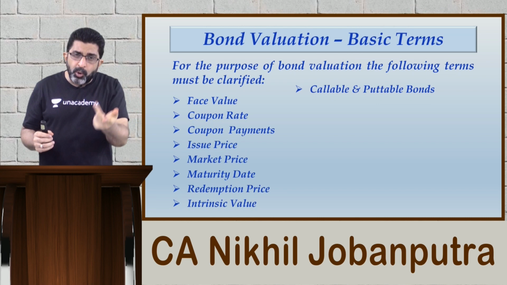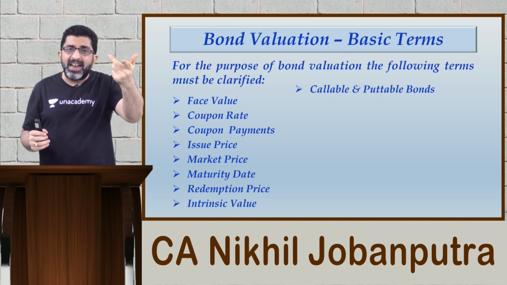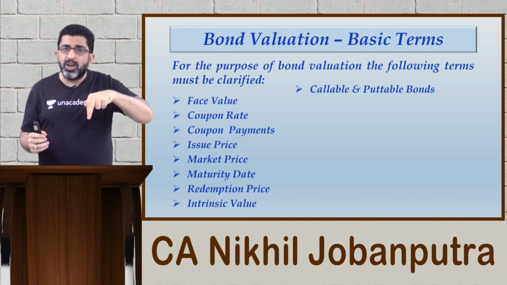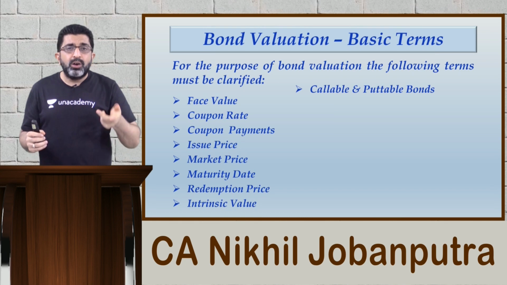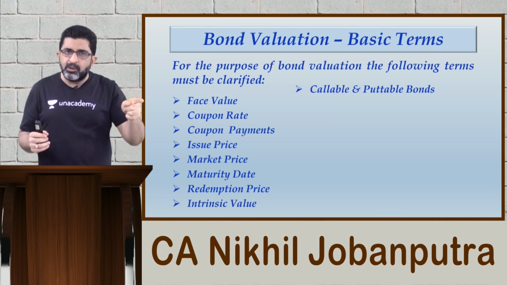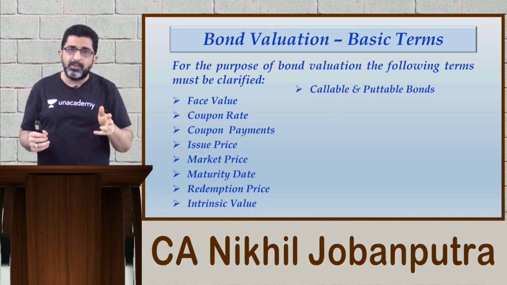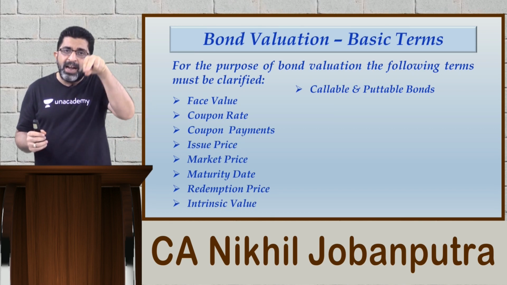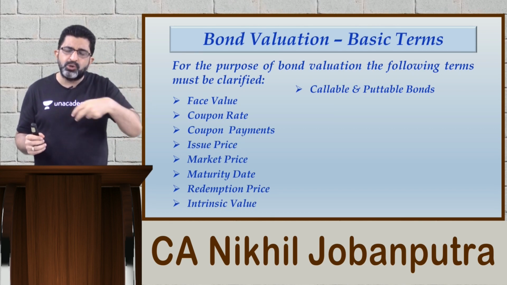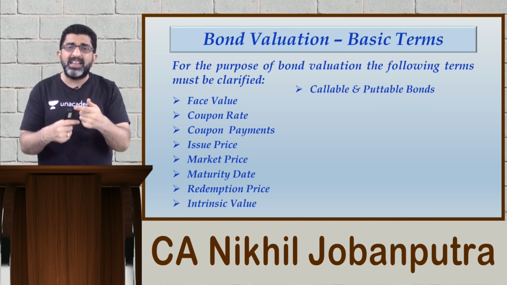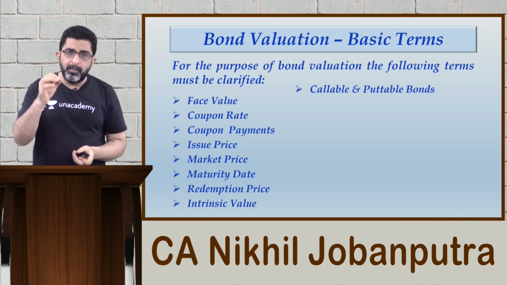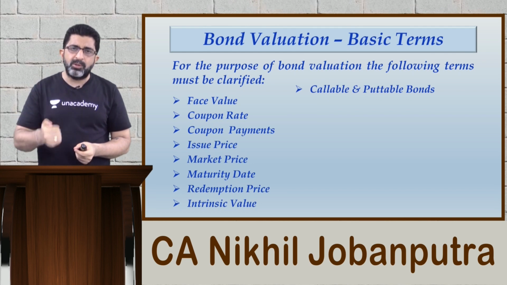If I am issuing a puttable bond, I am offering the right to the bondholder, to the investor, to invest his or her money today, and they have the right to claim redemption at two different points. At maturity, definitely they have the right to claim redemption, but if they want, at the end of 5 years from the date of issue, they can claim that redemption by exercising their right of selling the bond on a premature basis.